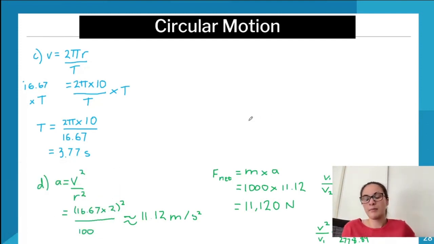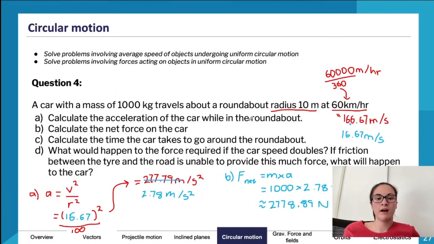I can't. But by doing a little ratio comparison like that, we could say the force required as the car speed doubles: when the car speed doubles, the force required by the car multiplies by 4, goes up by a factor of 4.